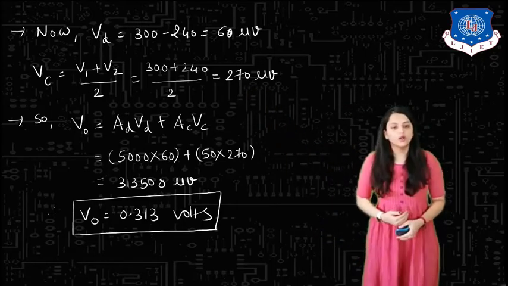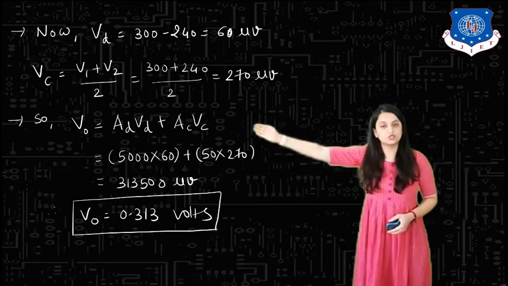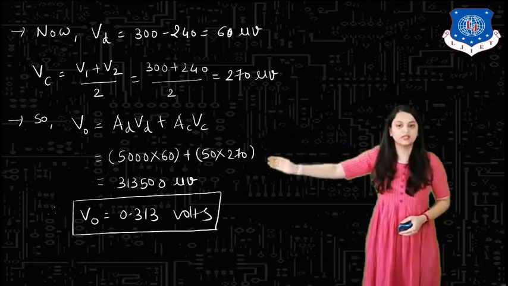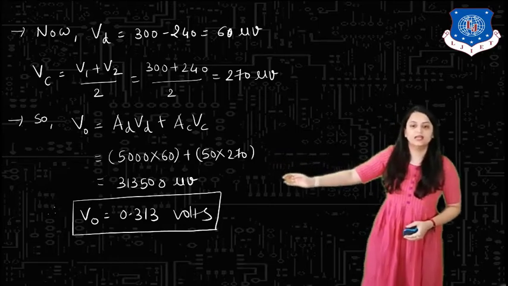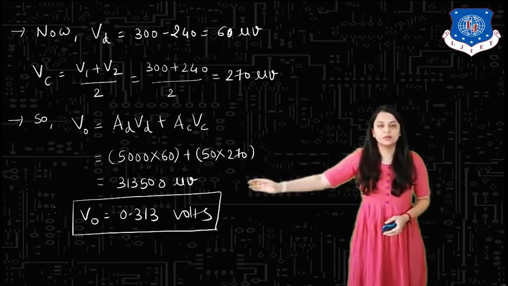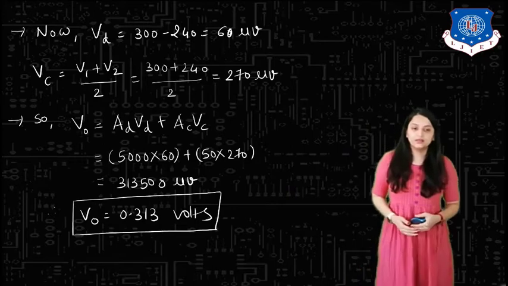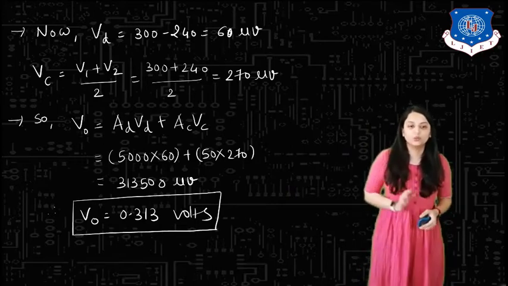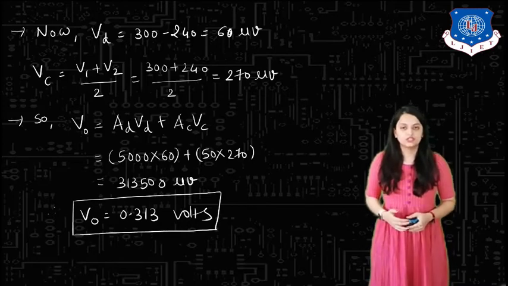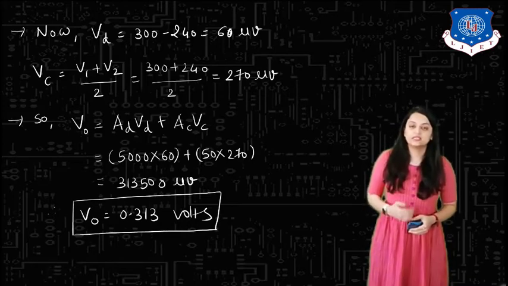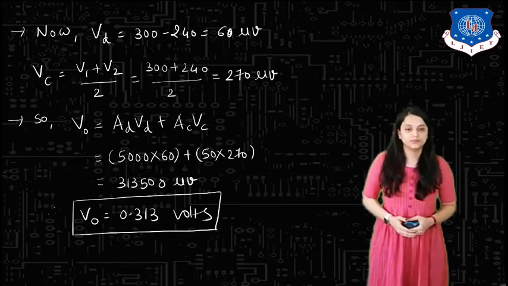Now, placing all these values in the equation VO equals AdVd plus AcVc, we get 5000 into 60 plus 50 into 270. That will give us the value 313500 microvolts. You can call it 0.313 volts. So this is the value obtained for the equation VO equals AdVd plus AcVc.